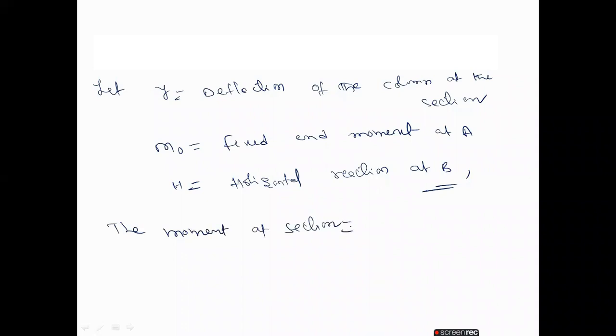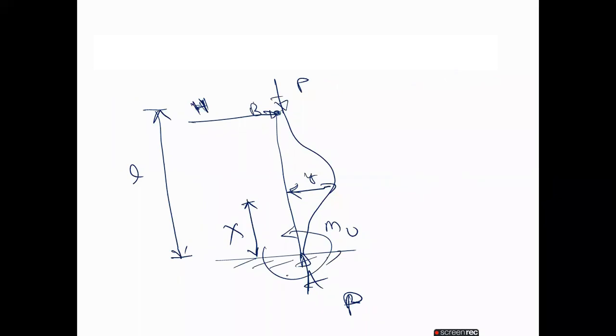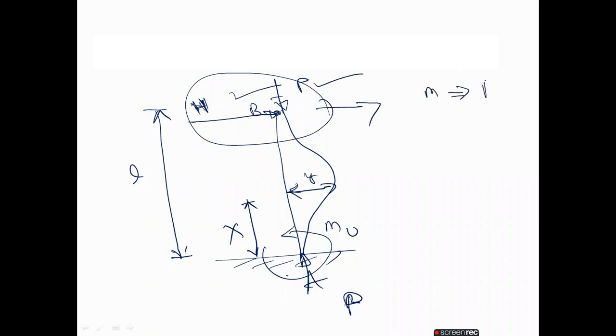The moment at the section is nothing but the moment due to the crippling load at point B. So here you will observe P is here, H is there. So how will the moment form at this point? Moment due to the crippling load, that is P, plus moment due to the horizontal reaction H. P into this deflection, at the section.